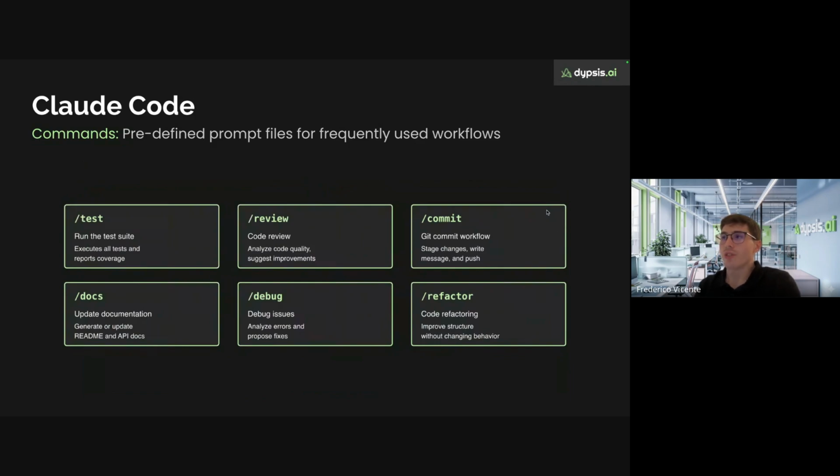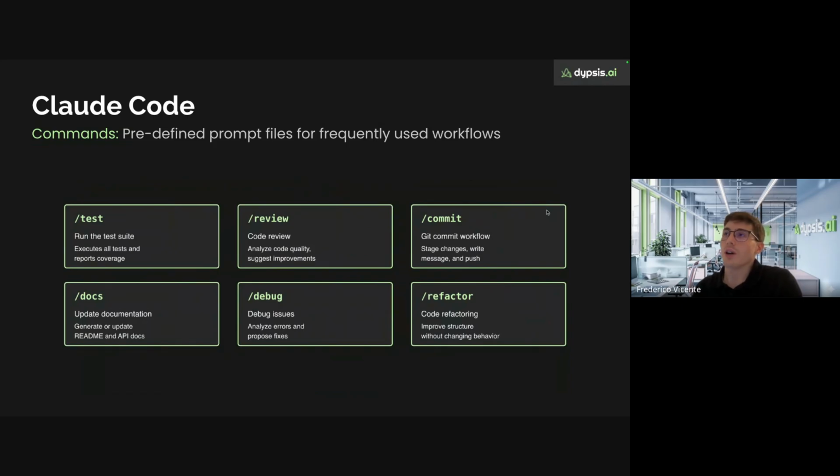Then you also have this utility, which is very powerful, which is commands. In a sense, it's a way for you to follow best practices and write predefined files of prompts. If you repeat yourself a lot, for example, every time you do a feature you would like to create some documentation, you can write a command.